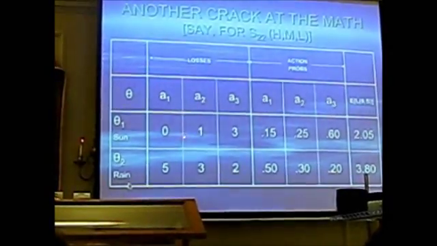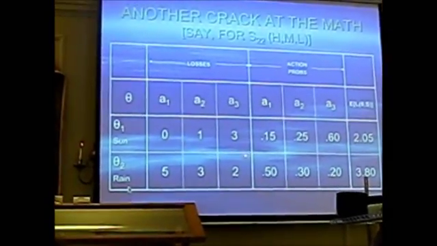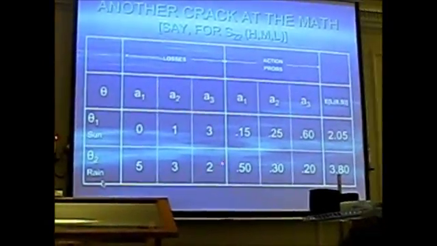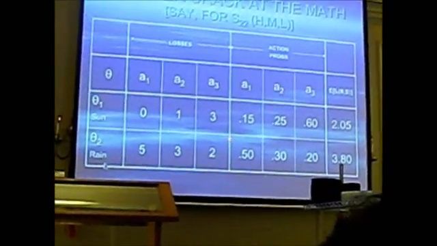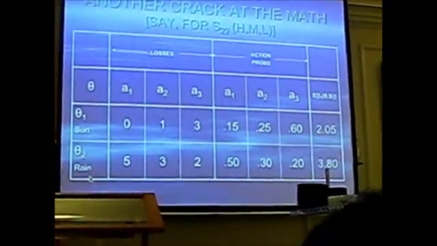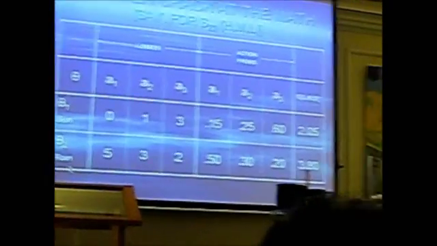I think on the previous slide it was 2.9. So this one, no matter if it's sunny or rainy, has a higher expected loss than S6. So those of you that said strategy S6 would have been your choice, you're certainly better than those folks that said S22. It makes no difference if it's sunny or rainy.